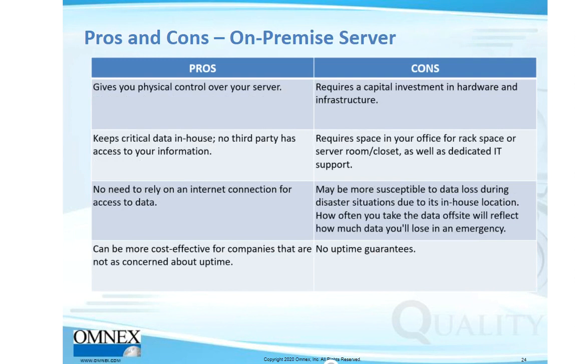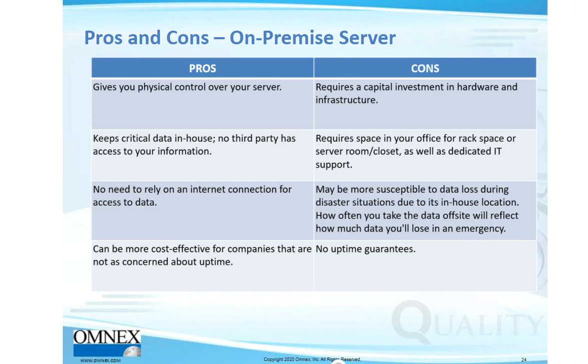So we have this remote server from Google or Amazon or Microsoft, large banks of servers that you can rent as you wish. The other one is on-premise, and there are many IT organizations that want to do on-premise. What is the biggest pro on that? It gives you physical control over your server.